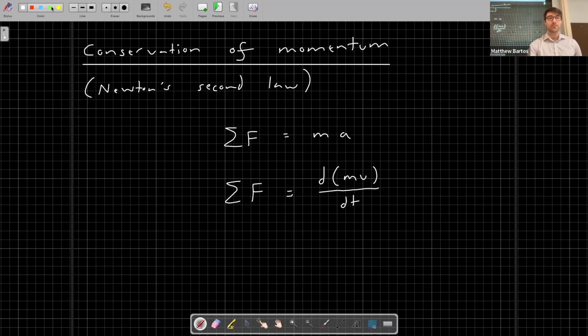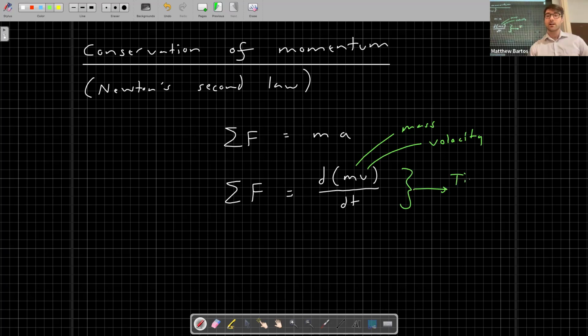So this is momentum in this bracket here. M is the mass, U is the velocity. And the sum of forces acting on that body has to be equal to the time rate of change of momentum. So let me also write that out in plain English.